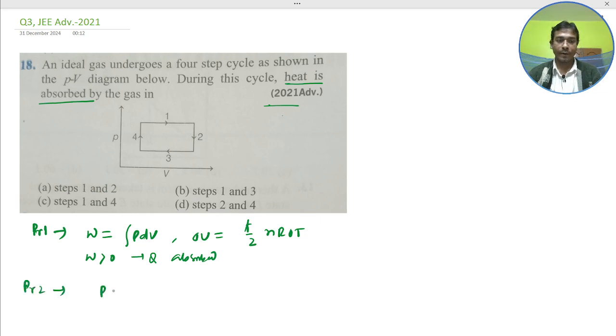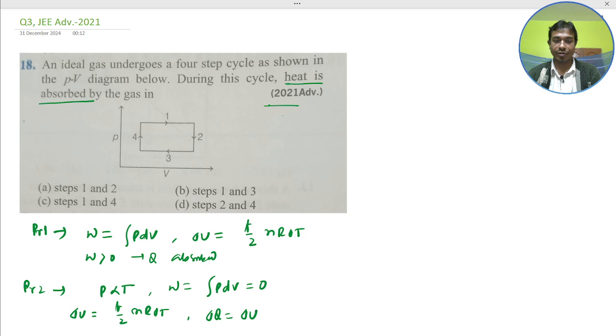Process 2. Here P is proportional to T, so W = PdV is 0, and the change in internal energy is (f/2)nRΔT. From the first law of thermodynamics, ΔQ = ΔU + W, so ΔQ is less than 0.